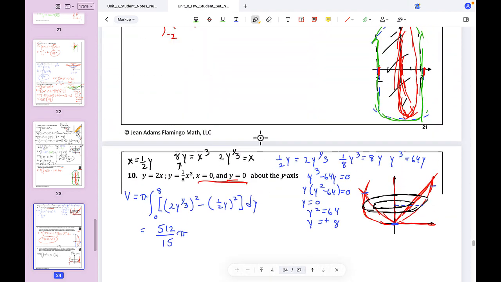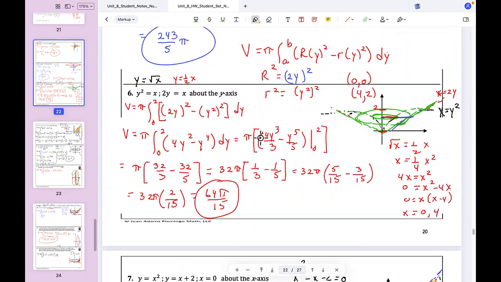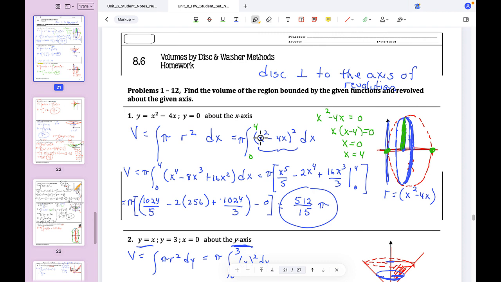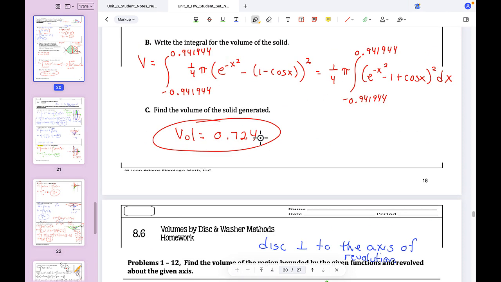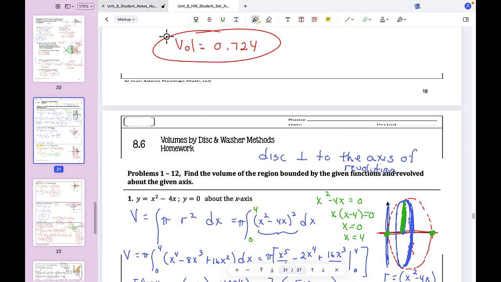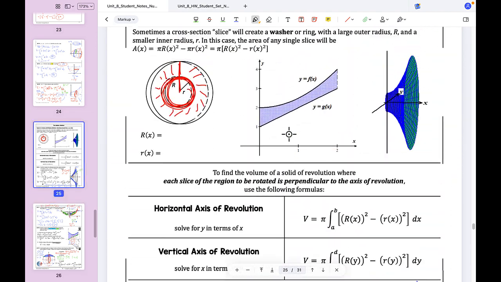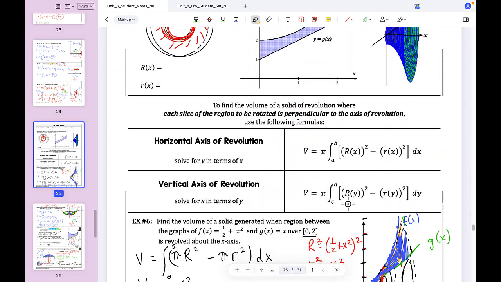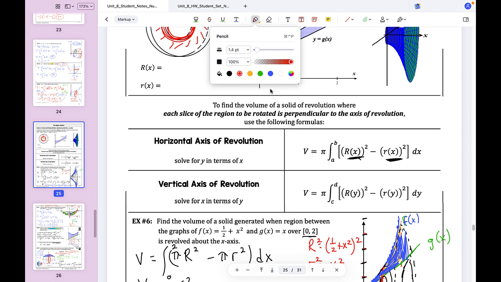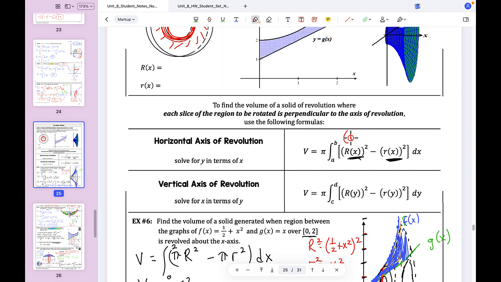Okay, so that is volume using the washer method. And again, you just have to remember that you're using the formula big R squared minus little r squared, okay? One of the common mistakes that is made with this is that students will do big R minus little r, squared, right?